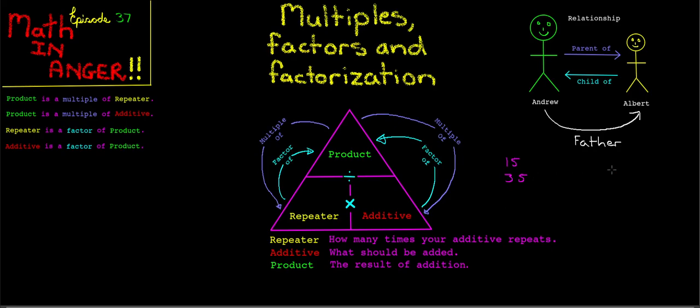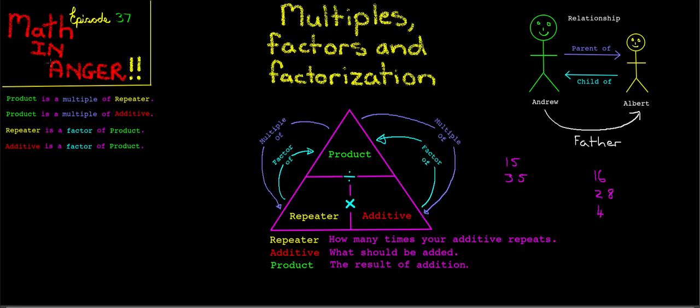Let's take a look at 16. 2 is a factor of 16 because 2 times 8 is 16. 8 is a factor of 16 because 8 times 2 is 16. But there's also another factor, and that is 4. 4 times 4 is 16.